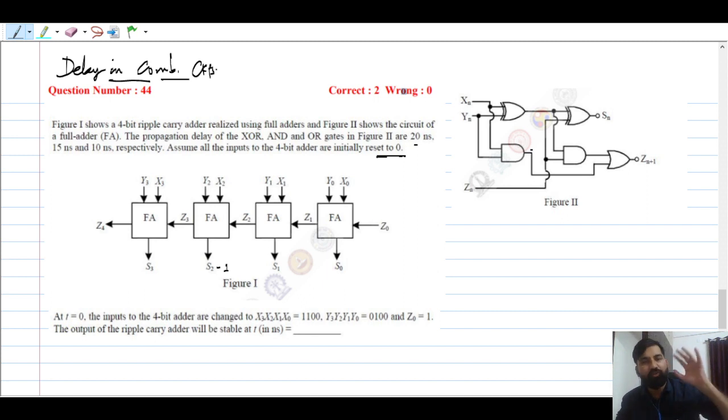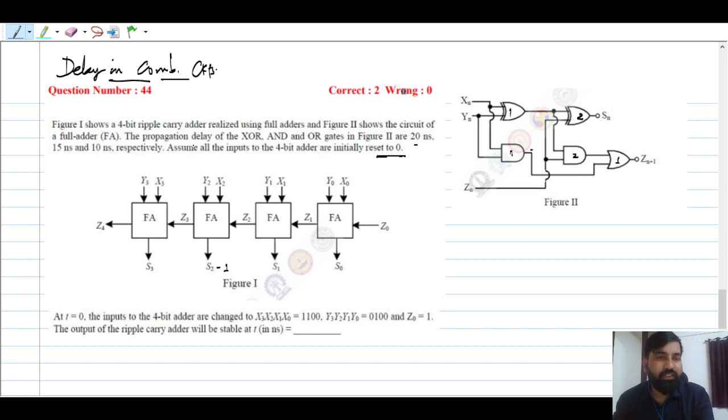This question is a two-step process, okay? If you carefully look at this question, figure 1 shows a 4-bit ripple carry adder realized using full adders, and figure 2 shows the circuit of the full adder. The full adder consists of XOR gates, AND gates, and an OR gate. This is the first XOR gate, second XOR gate, first AND gate, second AND gate, and this is the only OR gate.